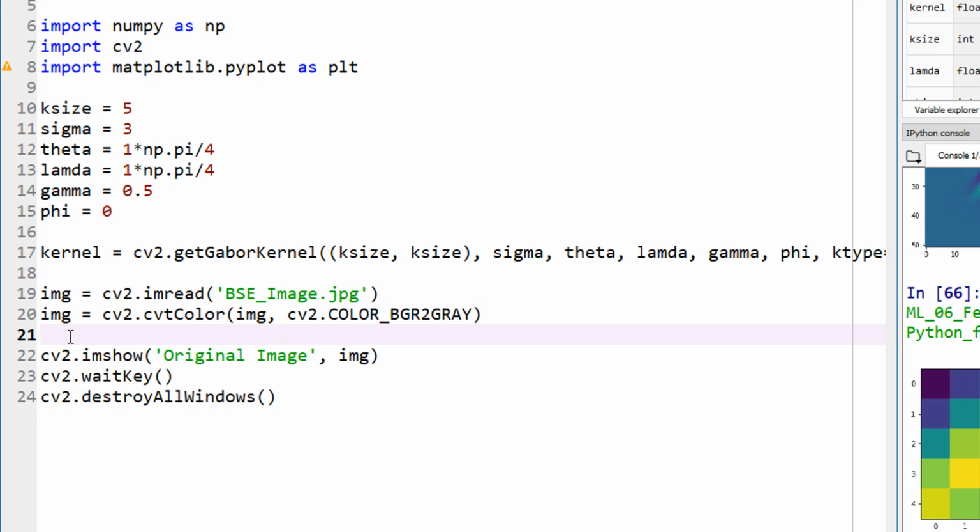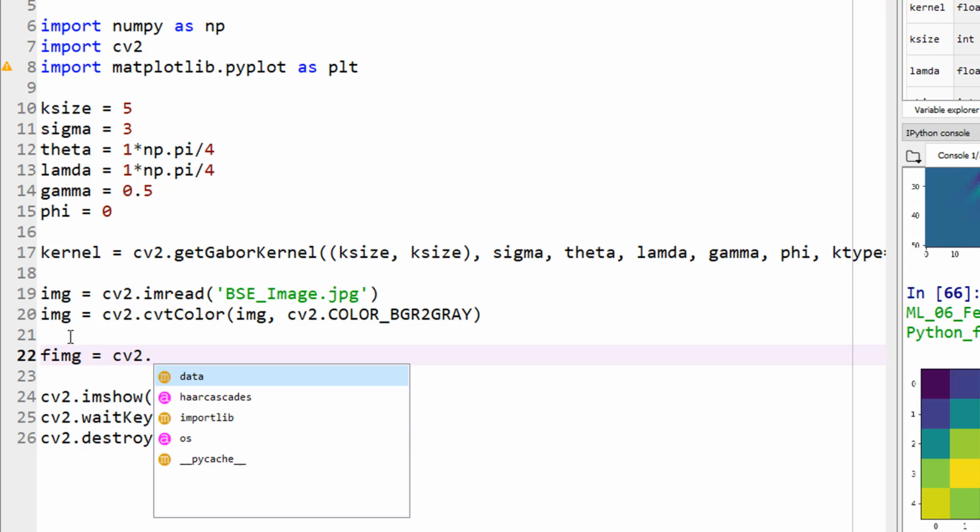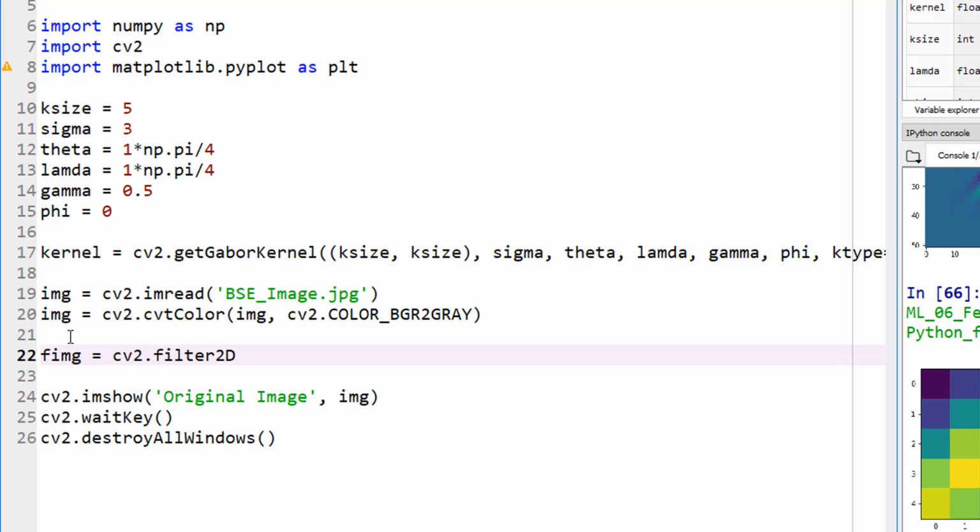And now let's apply this Gabor kernel. So my filtered image, I'll just call it fimg, is cv2.filter2D. This is how we apply a kernel to our image. When you look at the documentation for cv2.filter2D, it takes these arguments: cv2.CV_8UC3, which is nothing but unsigned 8-bit.